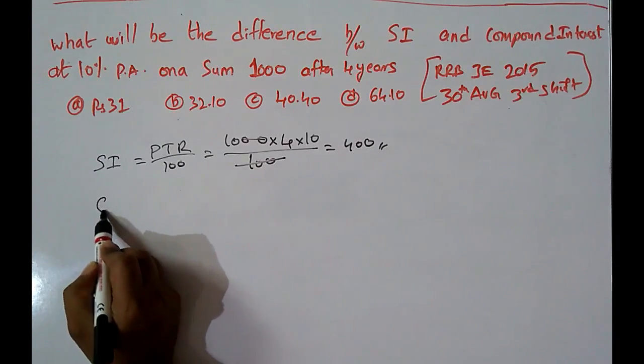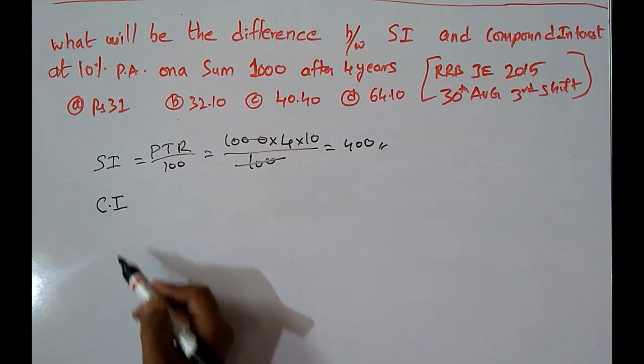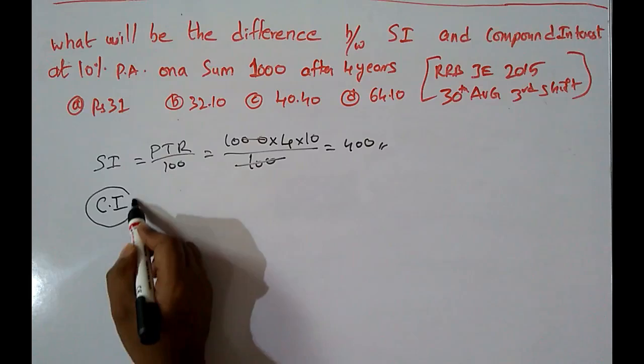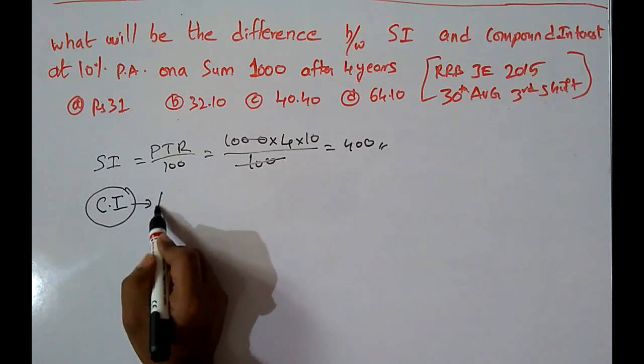So what is the formula to find the compound interest? There is no formula to find compound interest directly; instead, we get the compounded amount.